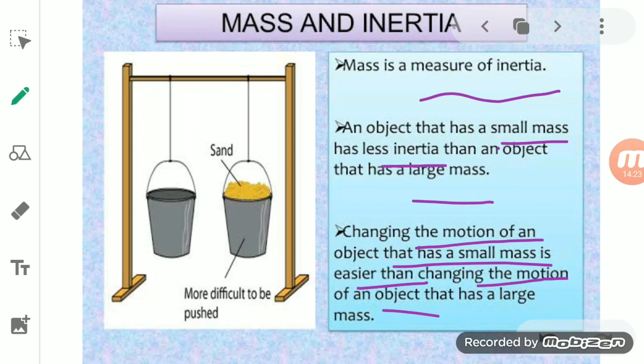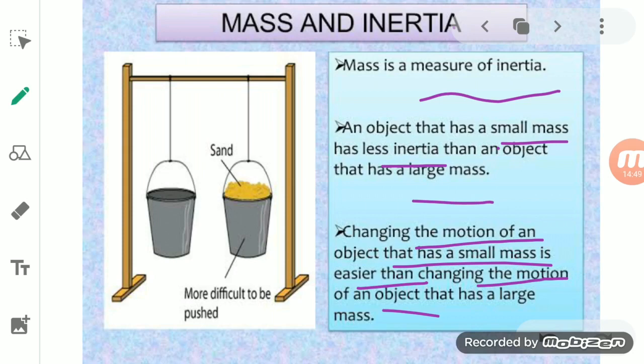You can take another example, like a cricket ball. If you see the cricket ball and the rubber ball, both of them have the same size, but the inertia of the cricket ball is more as compared to the rubber ball. The cricket ball has more inertia because it has more mass.